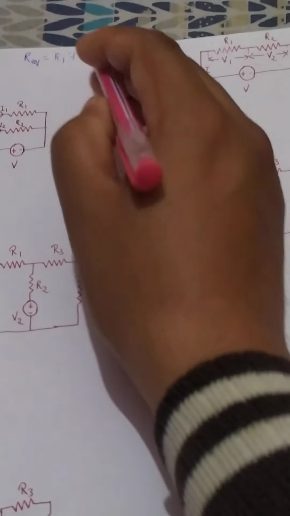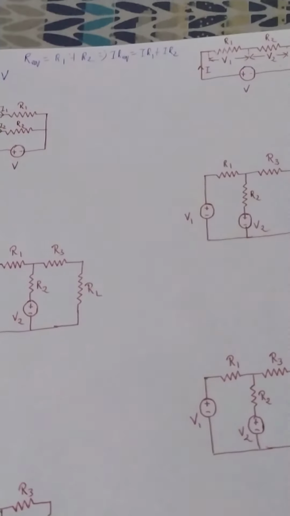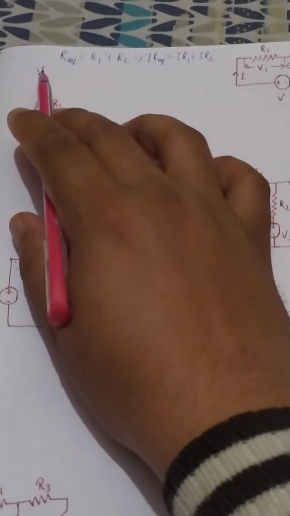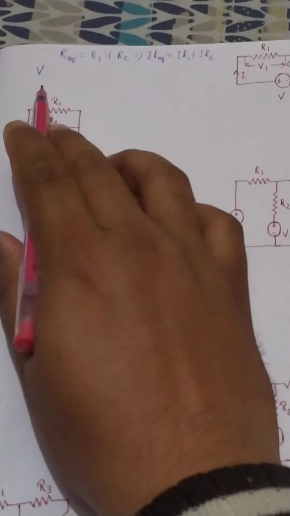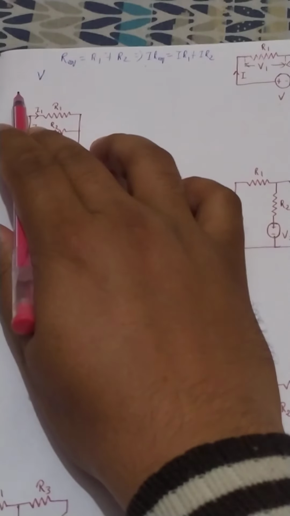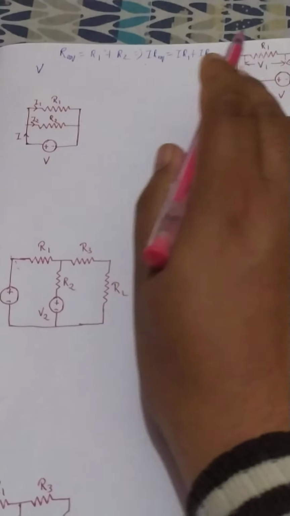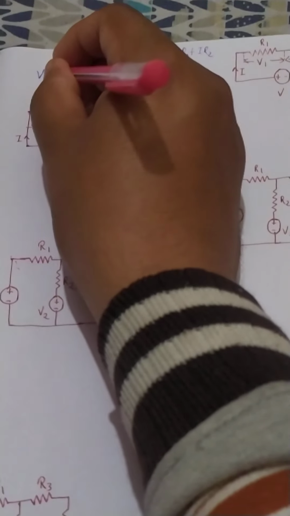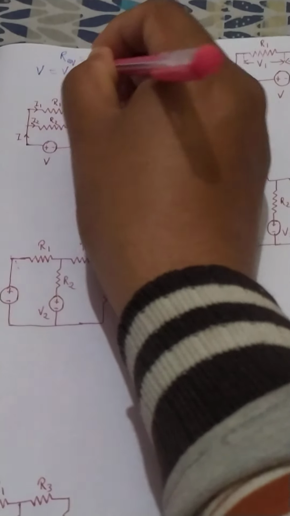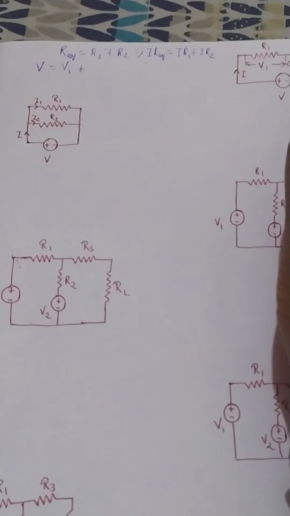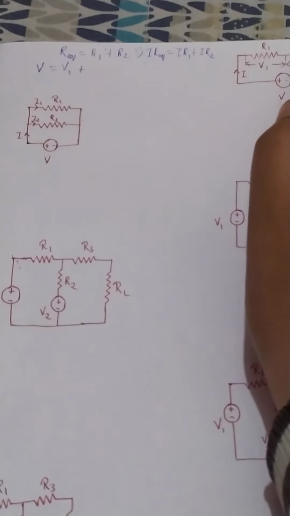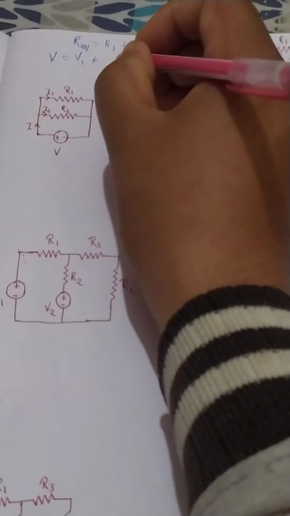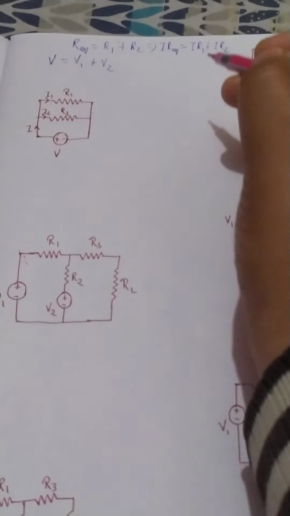This is basically the applied voltage V, because R equivalent is equal to V by I. What is I into R1? That is the voltage drop in R1, so that is V1, plus I into R2, the voltage drop across R2, so it would be V2.